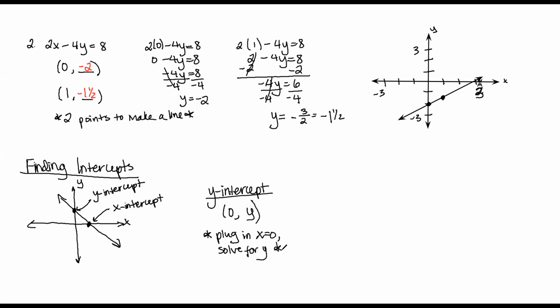And then the x-intercept is just going to be the opposite of that. So if we look at our x-intercept on the graph, all the way along the x-axis, our y is 0 because we haven't gone up or down, we've just gone left or right. So our x-intercept could be any number, but the y has to be 0. And so to find it given an equation, we're going to plug in y equals 0 and then solve for x.